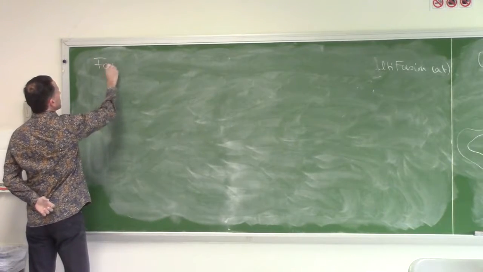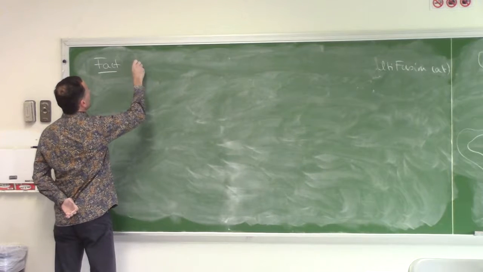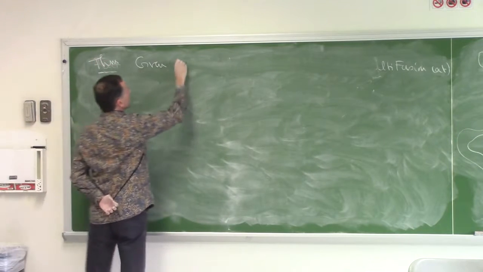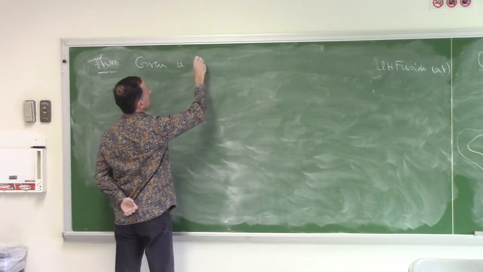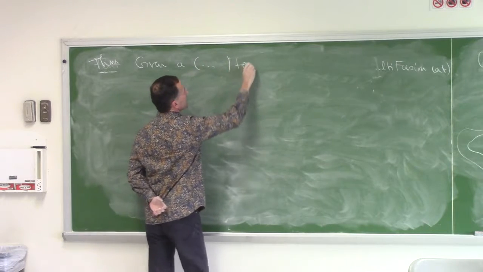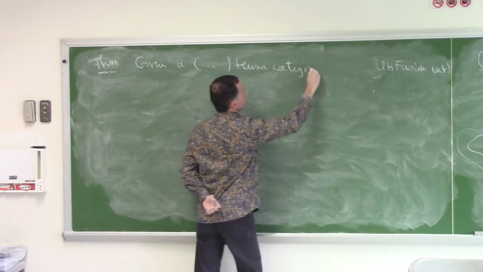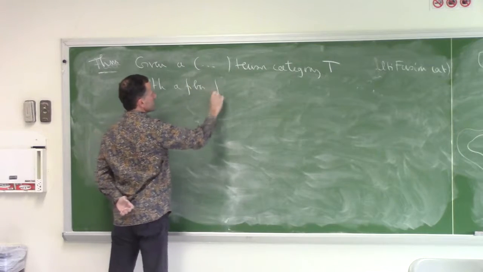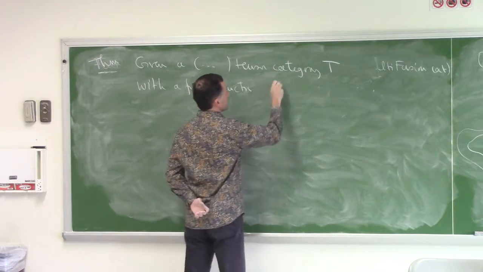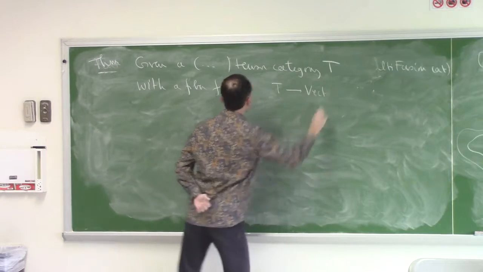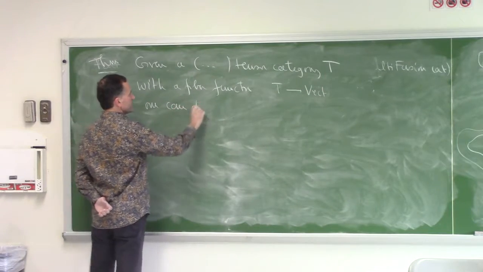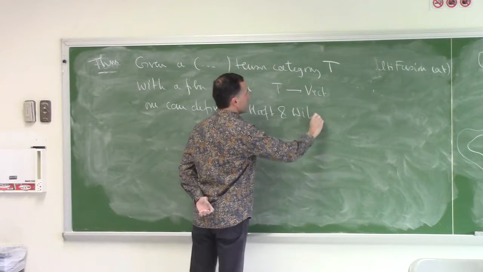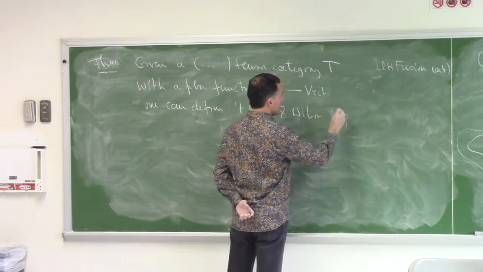So fact, let's say, given, maybe it's a theorem actually, given a spherical fusion tensor category T with a fiber functor, a faithful tensor functor to Vect, one can define 't Hooft loops and Wilson loops, Wilson operators.